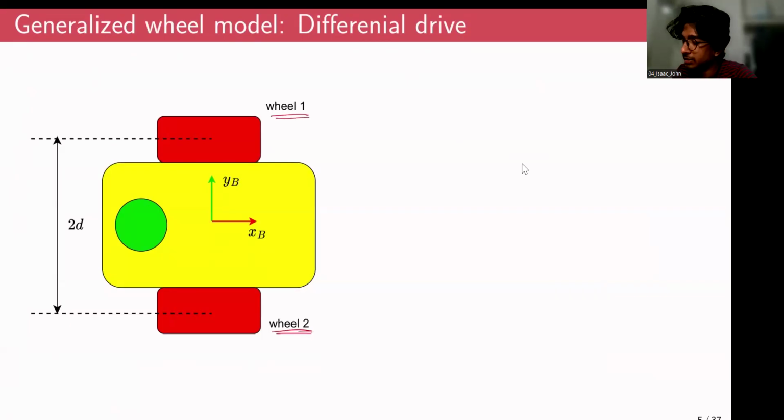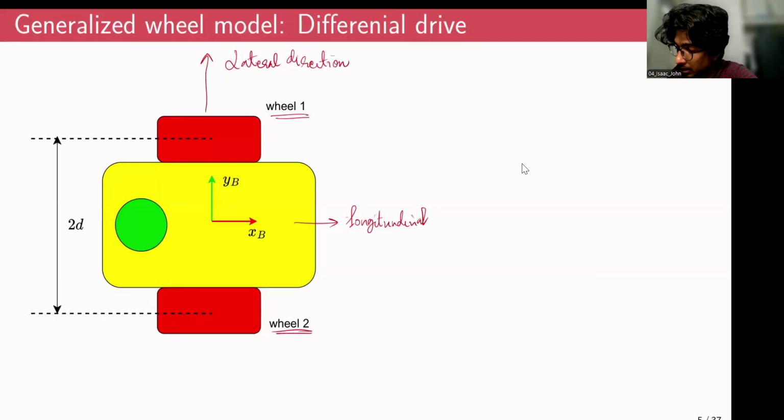The typical convention is that we consider this axis along XB as the longitudinal, and the direction along the YB axis as the lateral direction. Another convention we follow is that the side along the positive YB axis is the left side, and the side aligned with the negative YB axis is the right side.